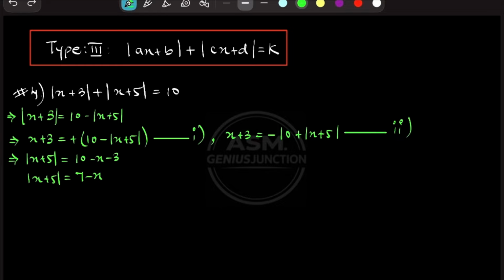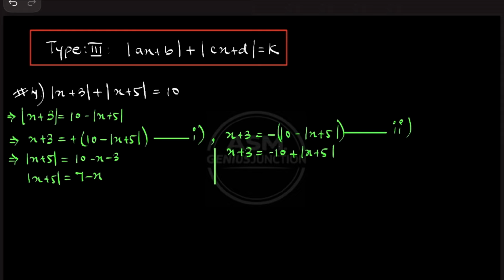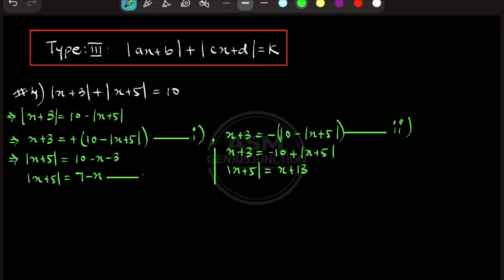In the same way, now we will solve equation number 2. x plus 3 equals minus 10 plus mod x plus 5. Now this mod x plus 5 is going to remain as it is, and this minus 10 will move to the left hand side and be added to this, and we will get the final expression as mod x plus 5 equals x plus 13. So now we have two more equations in front of us. This is your equation number 3, and this is your equation number 4.